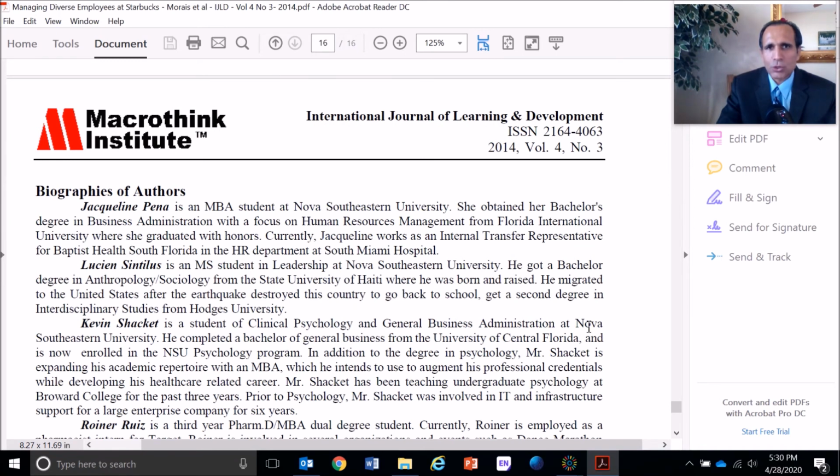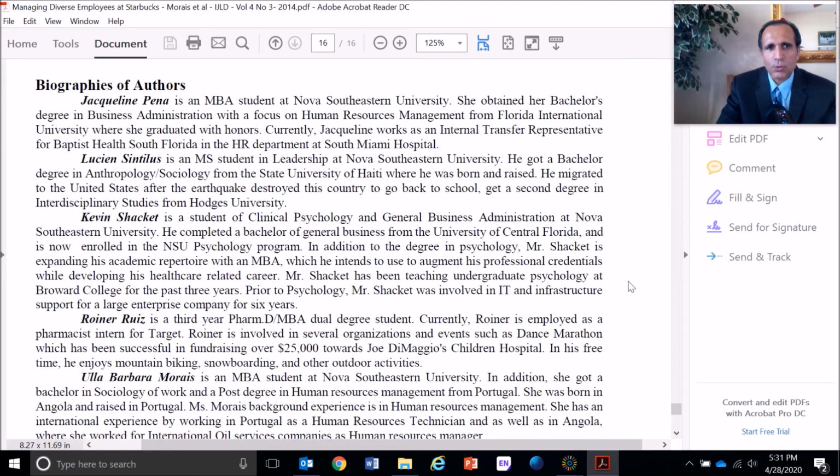And some journals will publish the biographies of authors. So this journal did, you can see a short biography of each of the authors. So these were all in the MBA program, so we call them master students or researchers in the graduate program. So Jacqueline is the first author, so she was the lead author here.